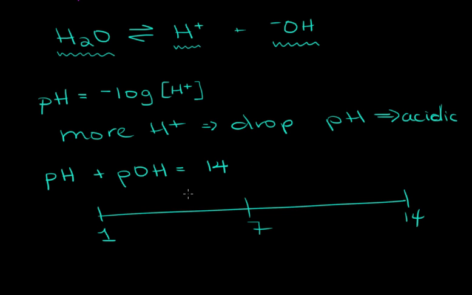And right around 7 is the neutral range. Anything less than that is acidic. Anything more than that is basic. The only compound that we know of to be exactly pH 7 is pure water, which pretty much only exists in a lab. You don't really find that without ions in it or without anything dissolved in it in nature. So we actually live very, very close to this pH 7 range.